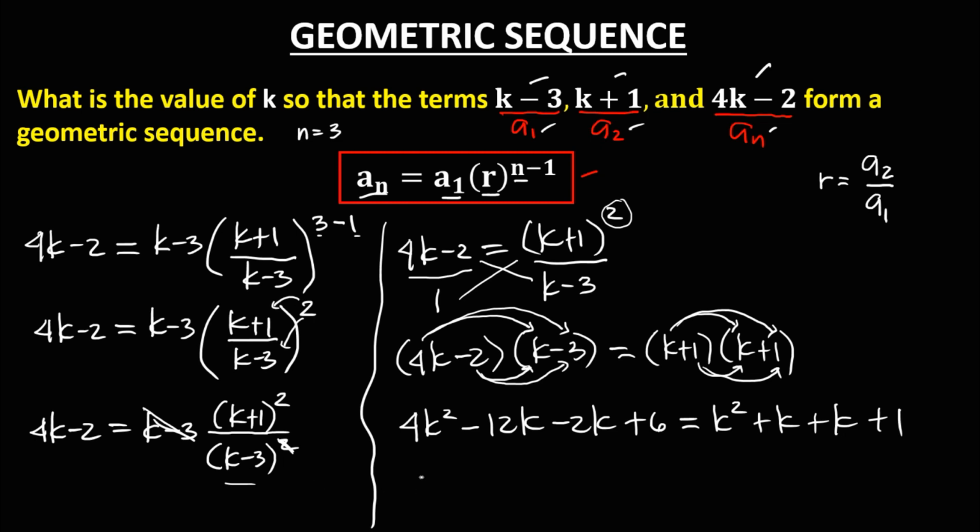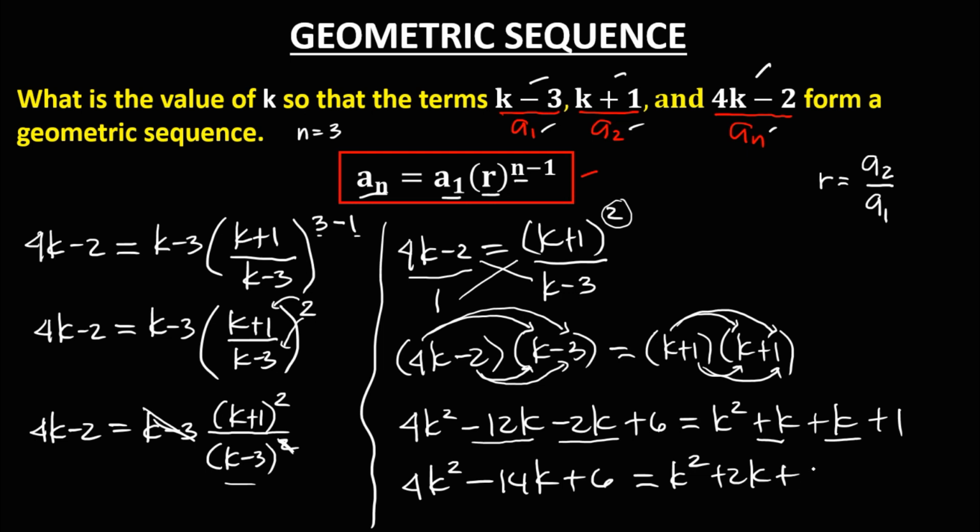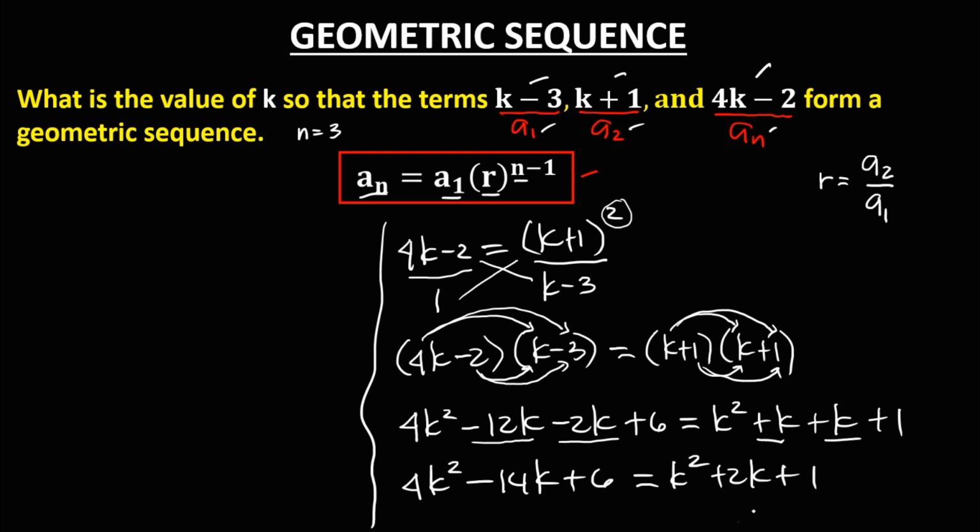Then we can combine now like terms. So we have 4k to the power 2, this negative 12k and negative 2k, this is negative 14k, then plus 6, then equals. So we have k squared and k plus k, this is 2k, then plus 1. Then this time we need to equate this equation to 0. So transpose everything to the left side.